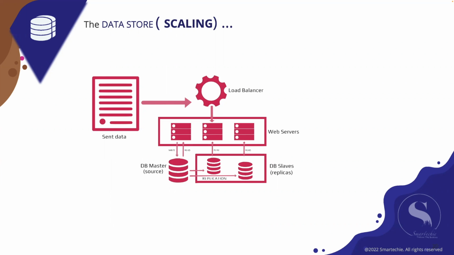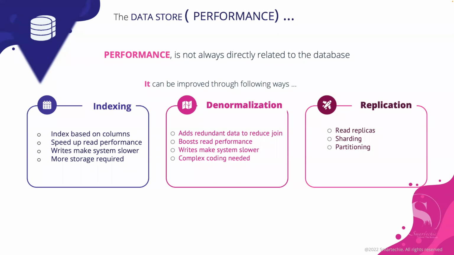Like load balancers and cache servers, data store servers also can be scaled vertically as well as horizontally. The data store can also be configured for high availability to serve the peak loads. For data store performance, the first is indexing.